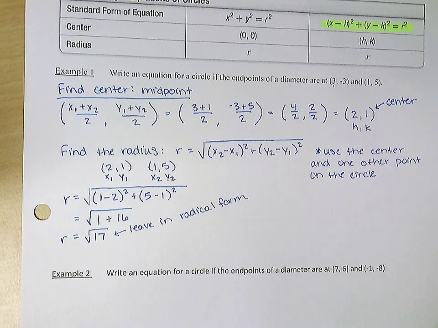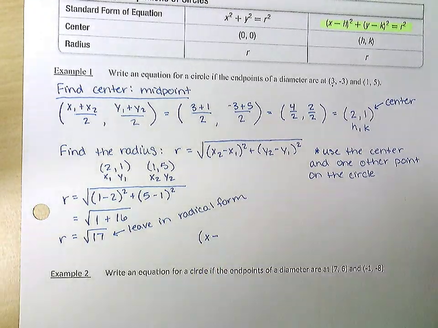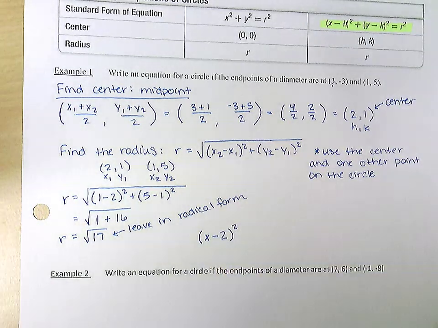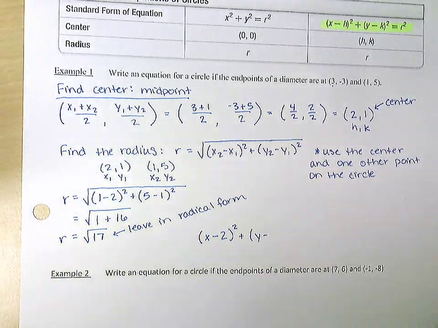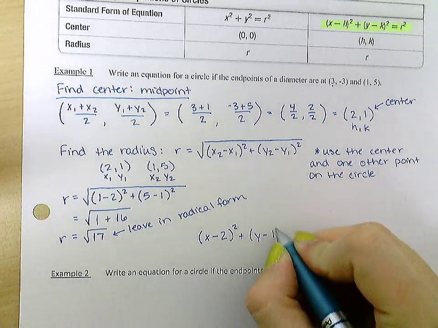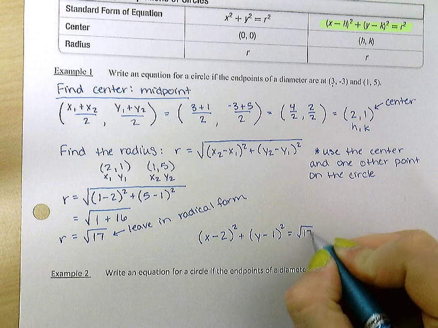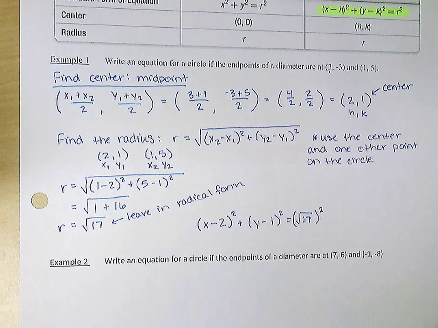So now I have h, k, and r, so I can just plug that into my standard form. We have x minus our h value, which is 2, quantity squared, plus y minus our k value, which is 1, that quantity squared, equal to our radius, the square root of 17, and that quantity is squared.